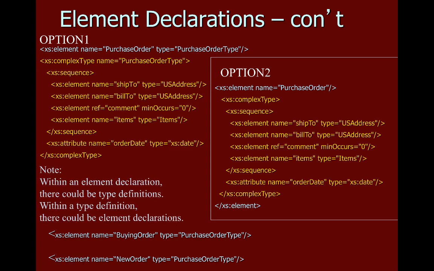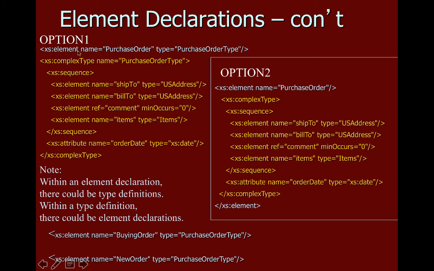Notice a bit of terminology. When we declare an element, we declare the name of the element and then the type that goes with it, the type of the element. And when we declare an element, it's called an element declaration. So we say element declaration, we don't say element definition. It's just terminology.